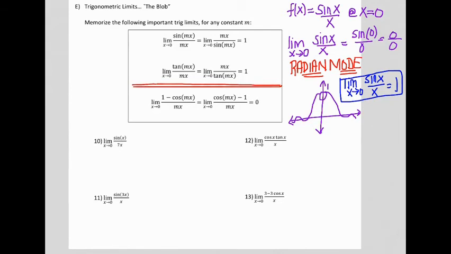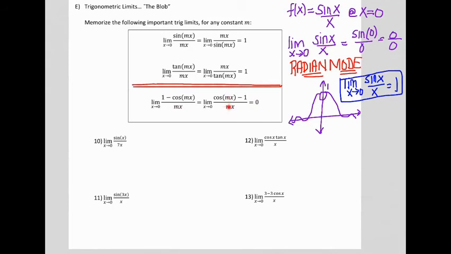Cos x over x doesn't follow this same pattern because cosine of 0 is 1. So I want to separate this table a little bit because the limit that you would want to have memorized involving cosine is 1 minus cos x over x, or 1 minus cosine of any multiple of x divided by that same multiple of x goes to 0.